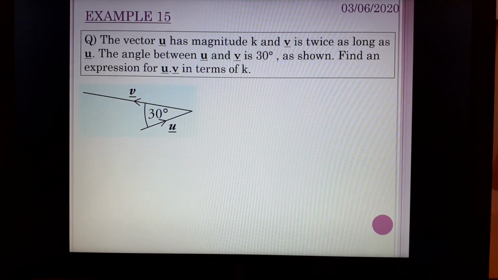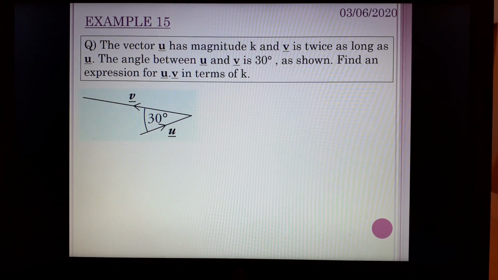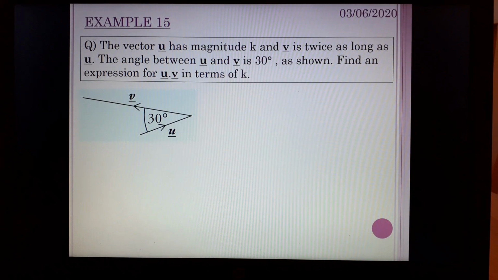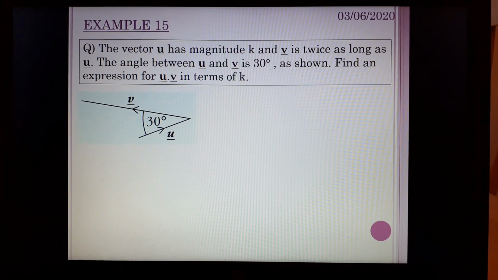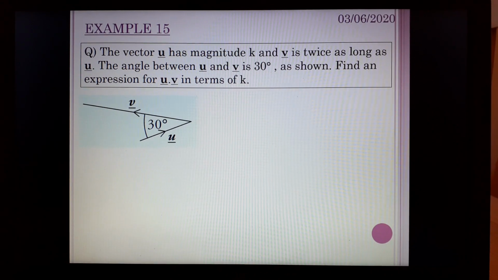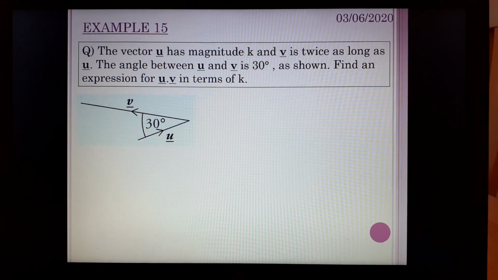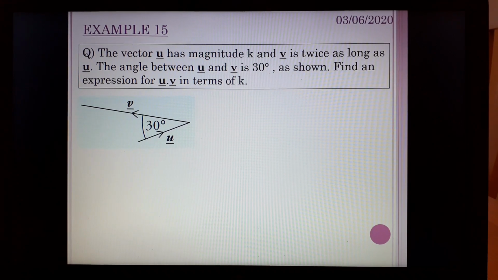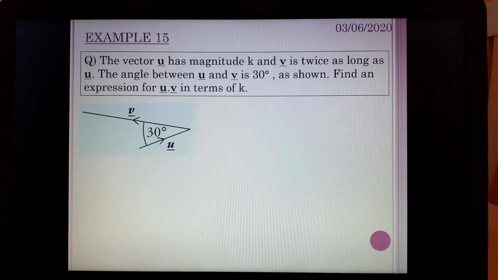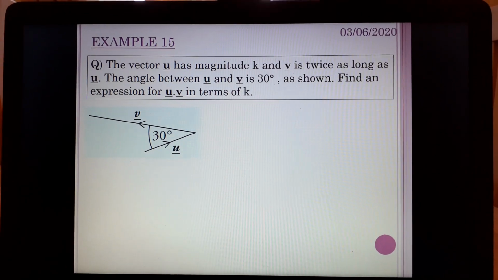We know that the magnitude of u has been given and v is twice as long. But look at the direction that the vectors are going in. They're not both pointing away from that angle 30. So we have to change the position of the vector. Now remember, a vector is just a line that has size and direction.